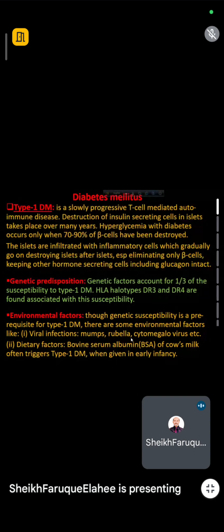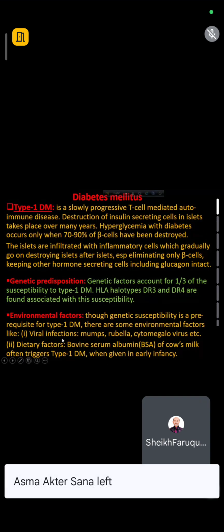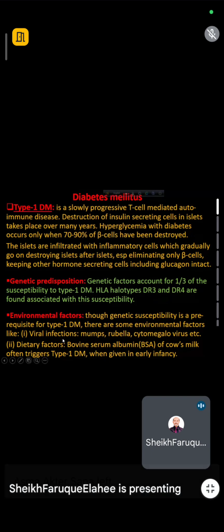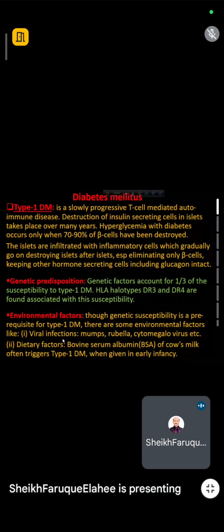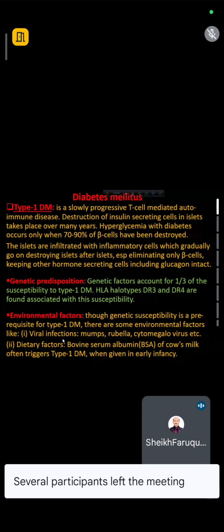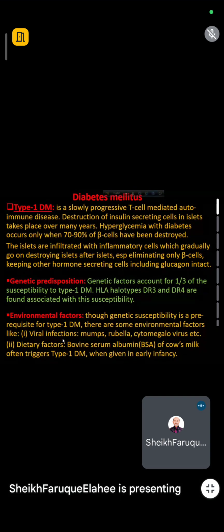If both testes are atrophied, you will never have any children. But he will have testosterone hormone, which is why he can have a wife and have coitus, no problem, but he will not have any child. So viral infection can produce this impotency. It can produce hypothyroidism. It can produce diabetes mellitus. You should remember this in your mind.